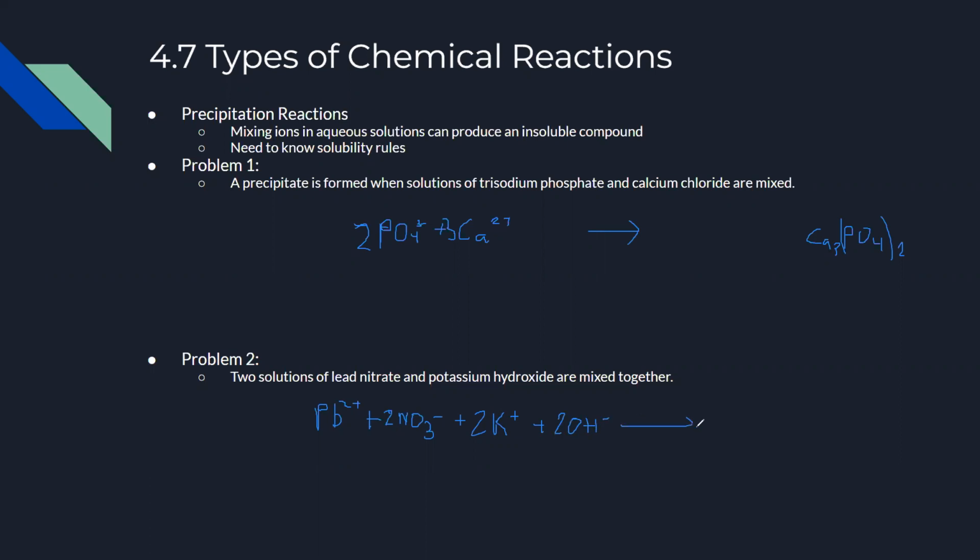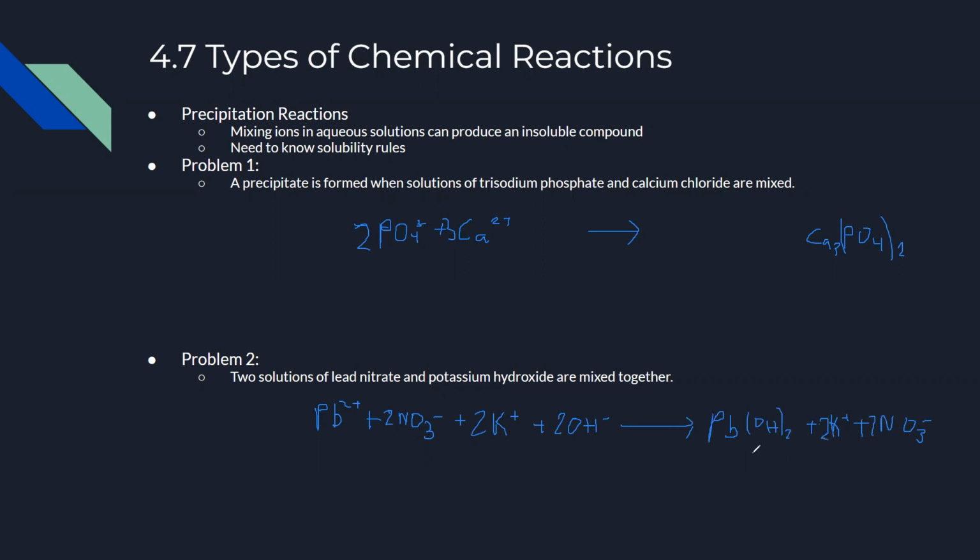And so what that creates is Pb(OH)2, which is insoluble, along with 2 K plus NO3 minus, 2KNO3.